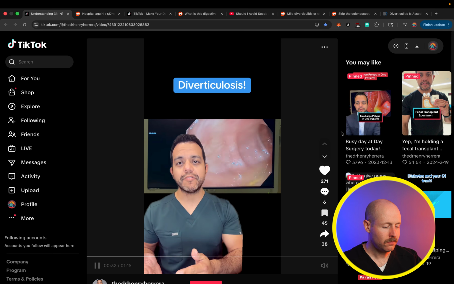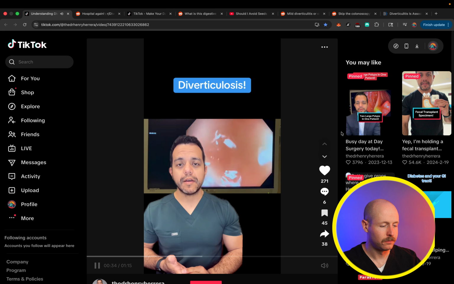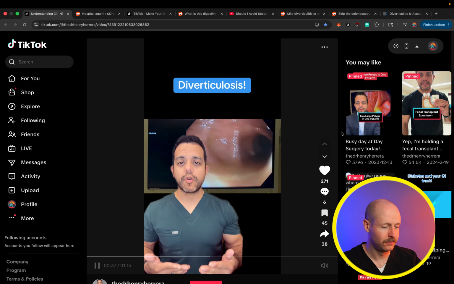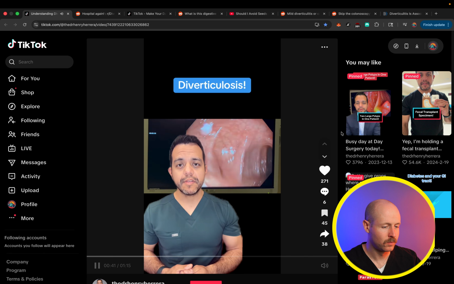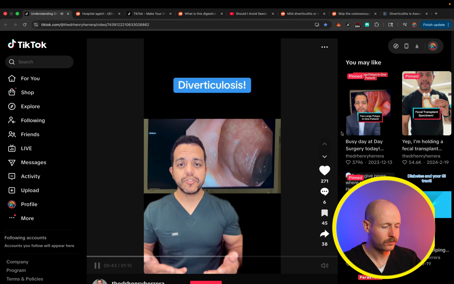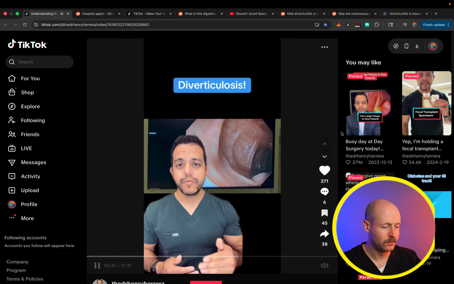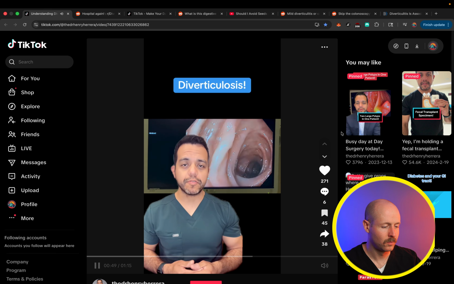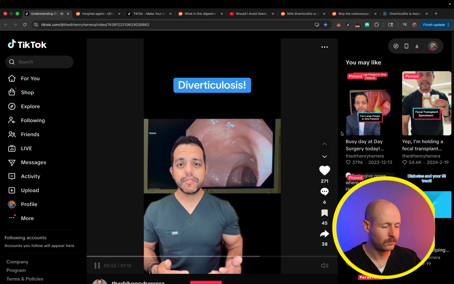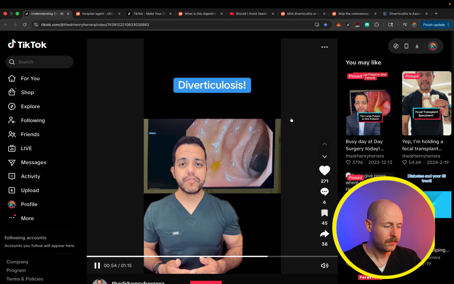So inflammation of diverticulosis. Now, these pockets do not pose any increased risk for colon cancer, but they are important to note because if you start developing diverticulitis, then you may potentially be looking at surgery in the future if you continue to have episodes. Now, typically diverticulitis is treated with antibiotics for about 10 to 14 days. Diverticulosis is just managed conservatively.